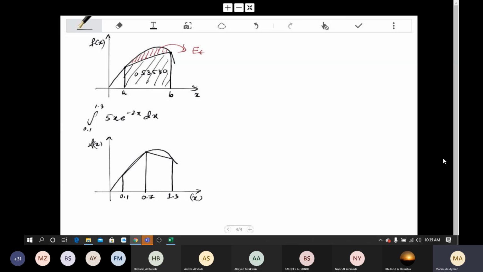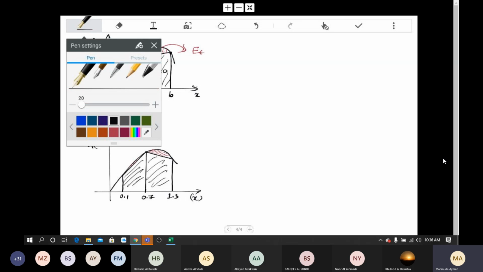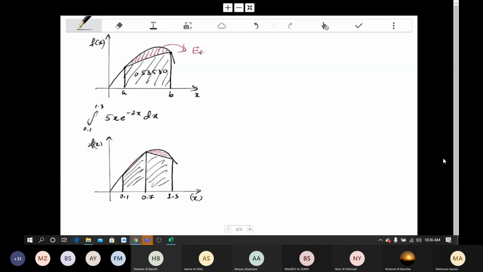Now, the area that we cover is much higher, if you can see. So now we cover a much higher area, and our area for the error has got much smaller, right? Okay.